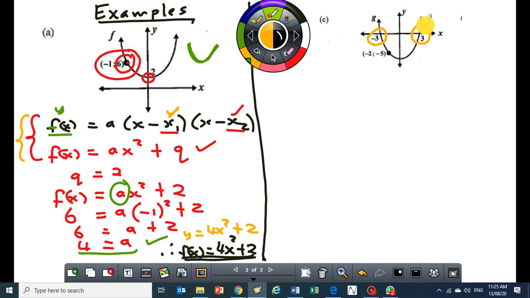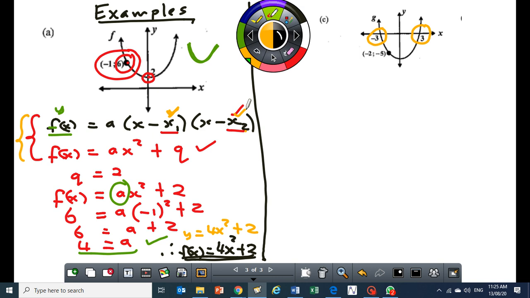Then that will be my x2. There is no specific rule, it's up to you. You can put the negative 3 or the positive 3. If you put negative 3 here, then you put positive 3 there. If you put positive 3 here, you put negative 3 there. You still get the same answer. But I just prefer to make my x1 negative and my x2 positive. So I have x1, I have x2.